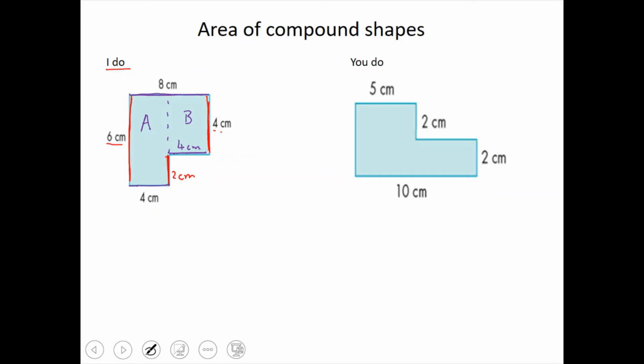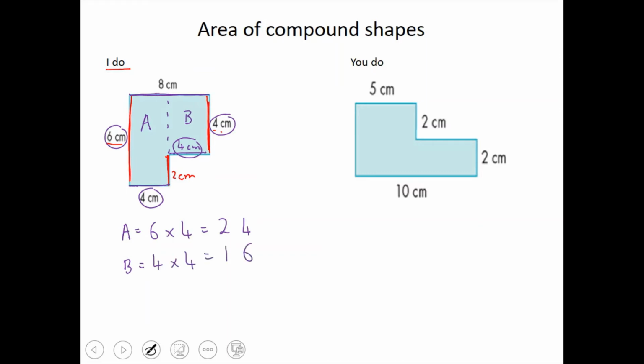Now what I can do is find out the area for shape A. It's going to be 6 times 4, and that is 24. We'll look at the units a bit later on. Shape B, I know that's going to be this 4 here times this 4, length times width. So 4 times 4 equals 16.